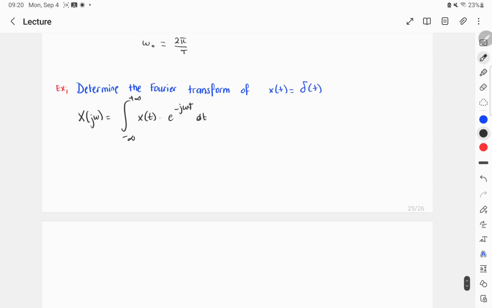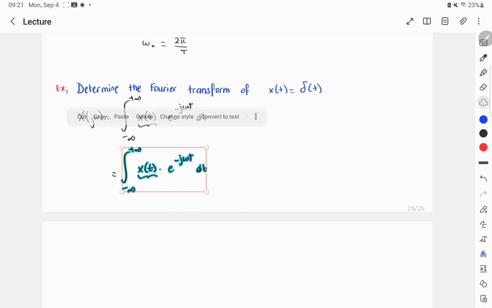And we will write, instead of x of t, the delta function. So it will be like this. Now, have you noticed something?